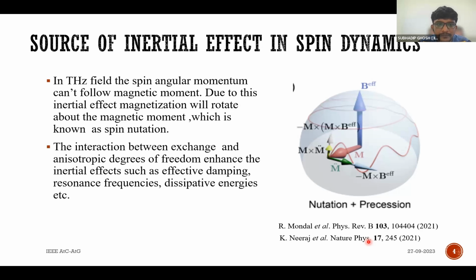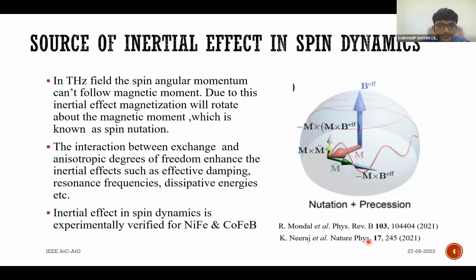Another interesting phenomenon can be observed here: the interaction between exchange and anisotropy will enhance certain inertial effects like effective damping, resonance frequency, and dissipated power. The spin nutation motion has already been experimentally verified in nickel iron and cobalt iron boron systems. You can find this in this reference.